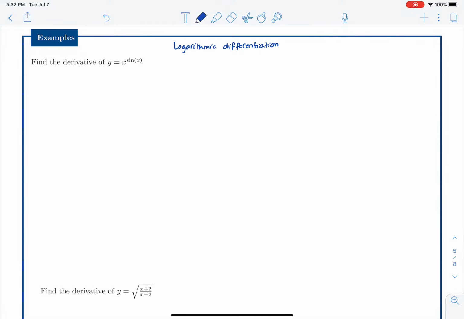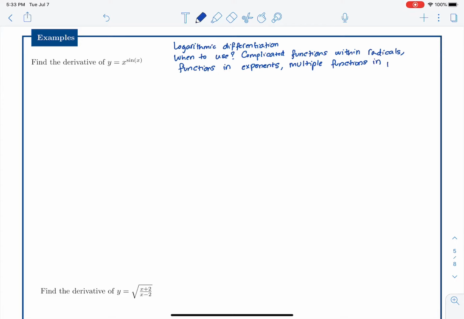When to use it? When we have complicated functions within radicals, functions and exponents, multiple functions in product, and so on.